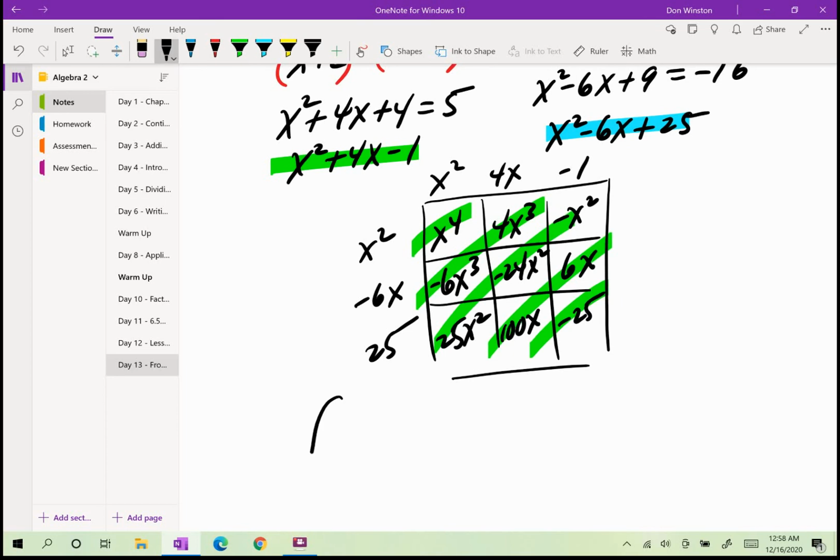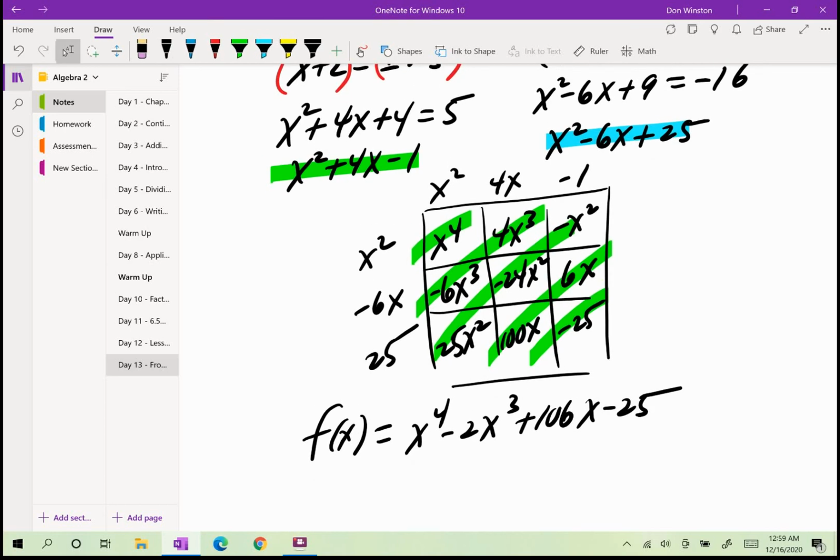So the polynomial I will get will be x to the 4th, and then minus 2x cubed, and then nothing for x squared, and then plus 106x, and then finally minus 25.